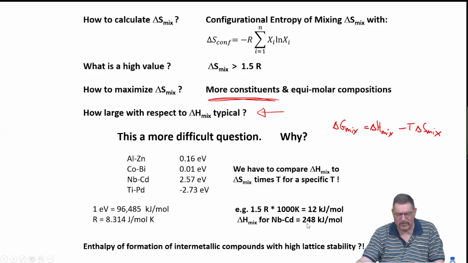So 12 needs to beat 248. That's not possible. So it means this approach only works if these delta H mix values of the constituents you bring together are sufficiently low.